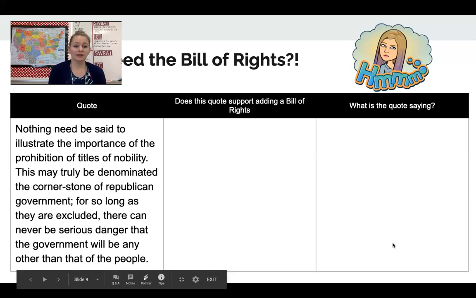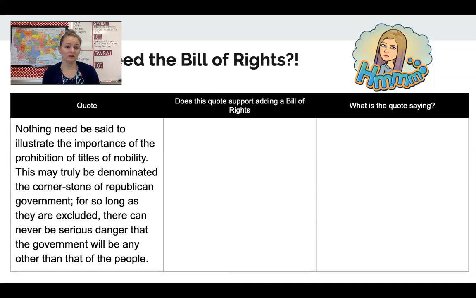Nothing need be said to illustrate the importance of the prohibition of titles of nobility. This may truly be denominated the cornerstone of Republican government. For so long as they are excluded, there can never be serious danger that the government will be any other than that of the people.